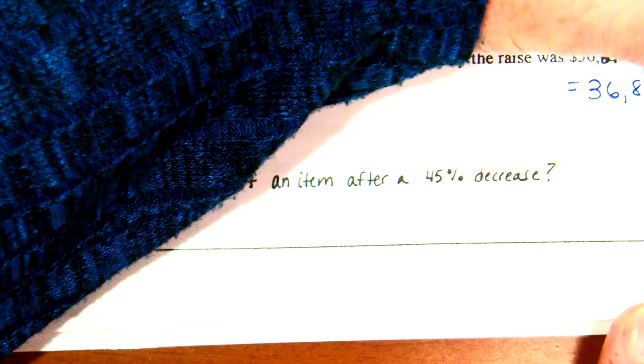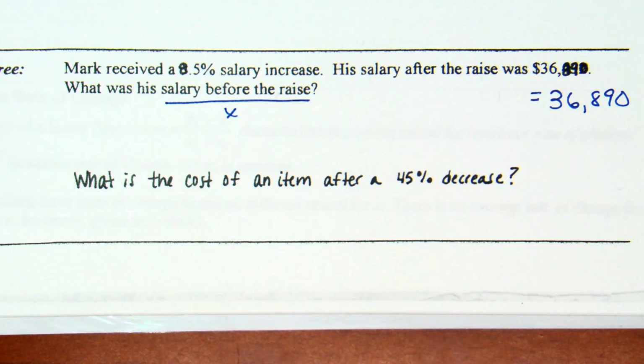What do you do with 8? So 0.085X, meaning original salary plus 8.5% of his original salary is his raise, and together that's all going to equal 36,890.